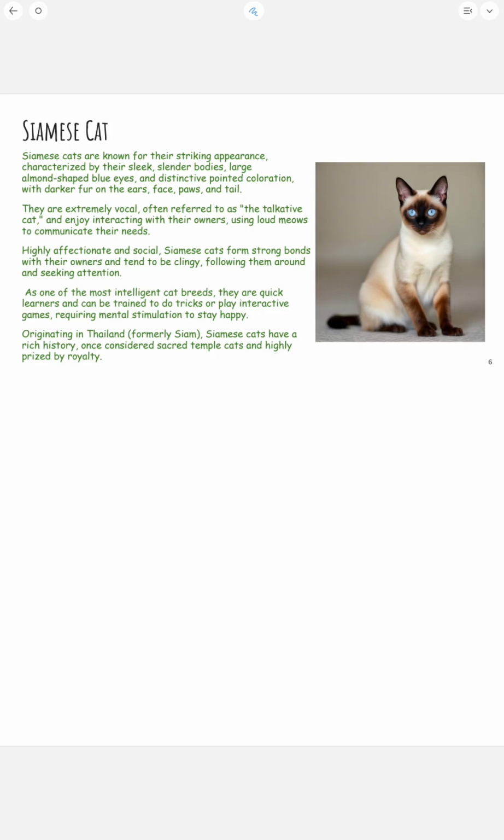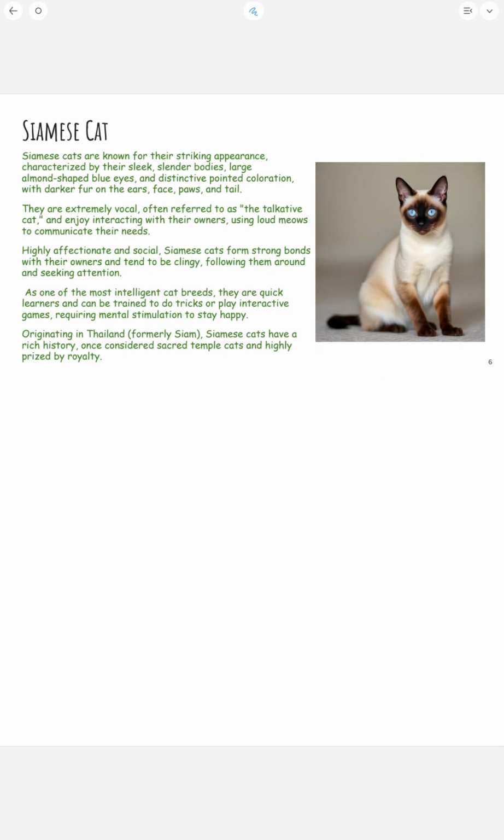Siamese cat. So this cat originates from Thailand, formerly known as Siam. And the royal cats, considered sacred temple cats. And they're very easily identifiable with their striking blue eyes, white fur, and brown face and brown paws. They're very vocal cats, quite talkative, and very affectionate and social.